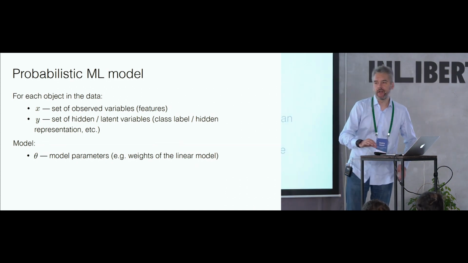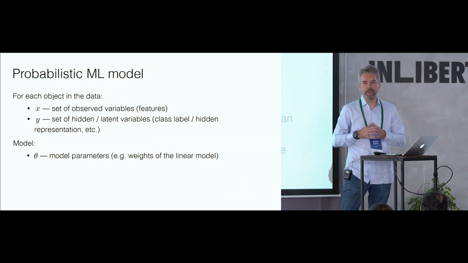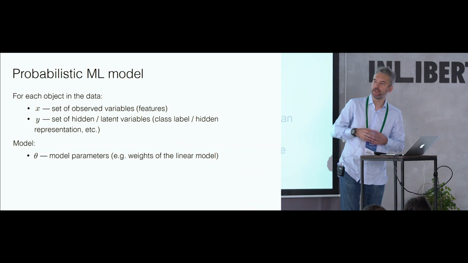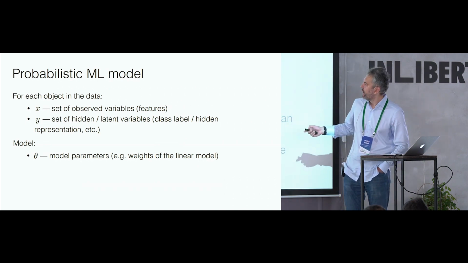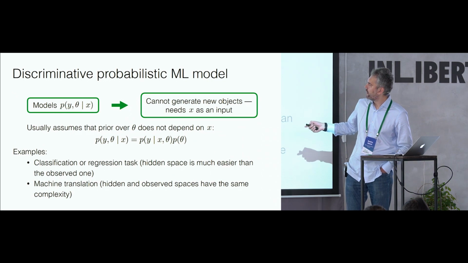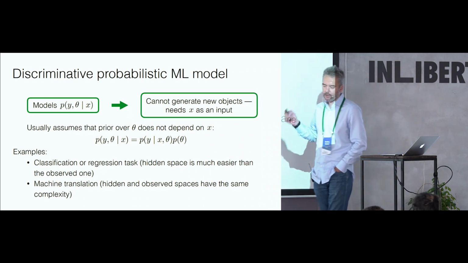So in machine learning, there are generally two types of probabilistic models, so-called discriminative and generative models. In a discriminative model, we try to establish the probabilistic model, which is a joint distribution over Y and theta, conditioned on X. So X is always in the condition.